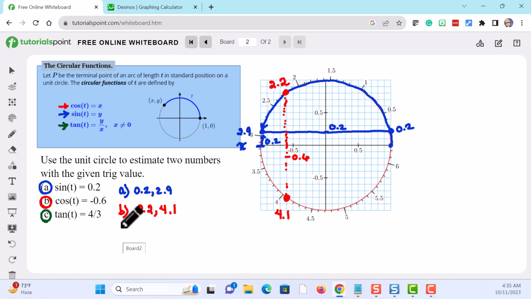But if we were to try and plot the point (3, 4), we'd have to go over 3 on the x-axis and up 4 on the y-axis, and our point would be way up over here on the right. So what we have to recall is that tangent is the ratio of the y value to the x value.